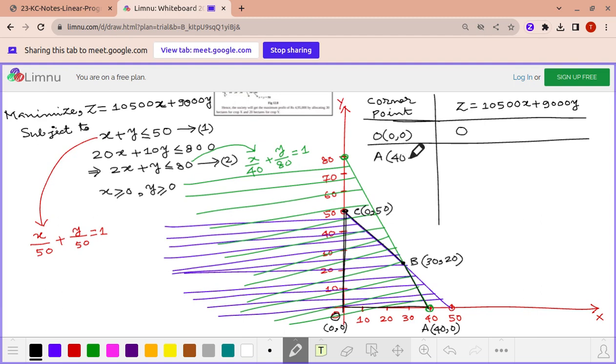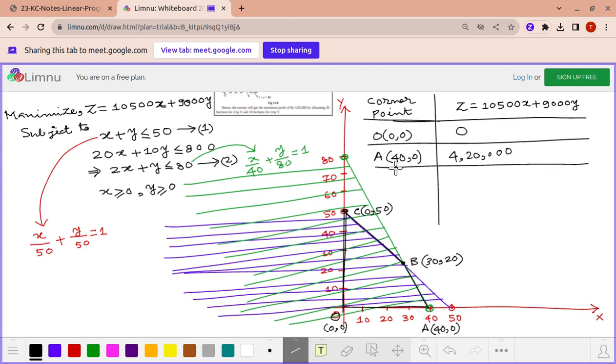That means x is equal to 40, y is equal to 0, and with these values the value of z, that is 10,500 into x plus 9,000 into y, becomes 4,20,000, because 10,500 into 40 becomes 4,20,000. So that is the profit if we use 40 hectares to produce crop X and no land for crop Y.